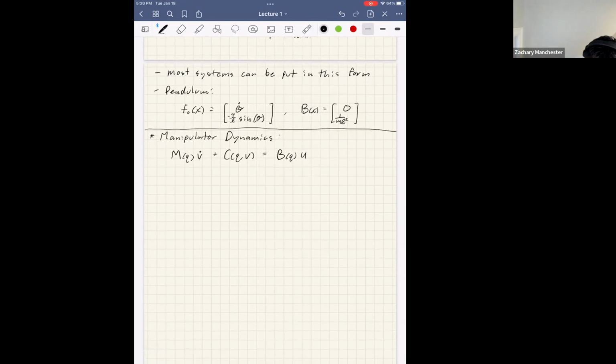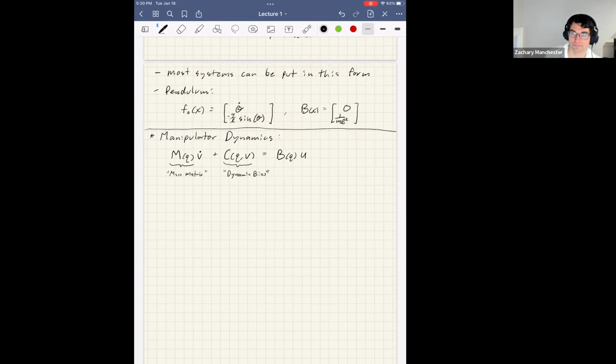Okay, so this M guy up here is called the mass matrix. This C guy here is called the dynamics bias, or just bias. And this includes, for example, your Coriolis terms, your gravity terms.